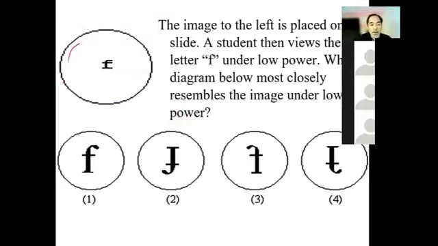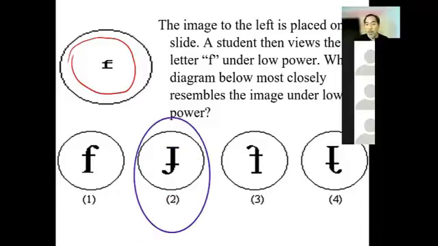This is what you see on the slide on the naked eye, the letter F. But which of these four you see on the low power objective on the field of view? Would it be 1, 2, 3, or 4? 2. Okay, so it would be 2. Inverted and reverse. Okay, so that is exactly how you see it on the microscope.